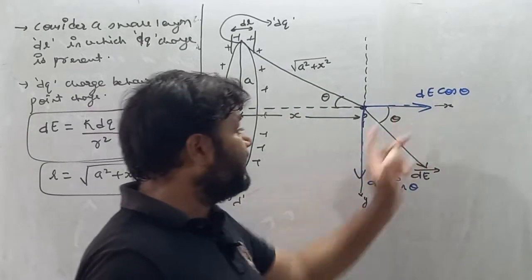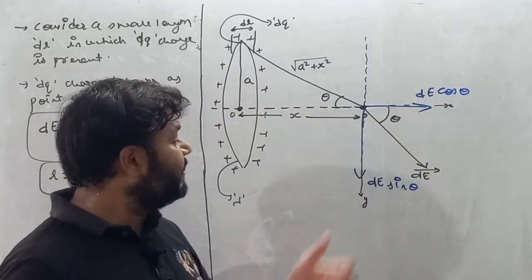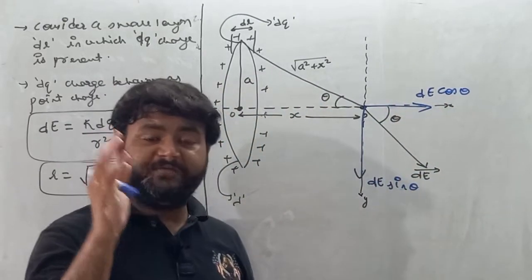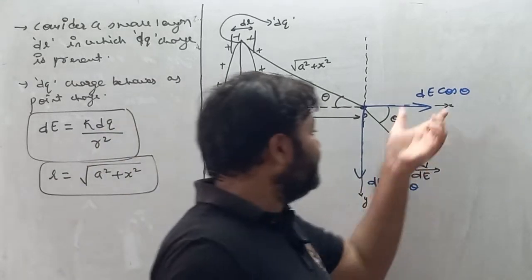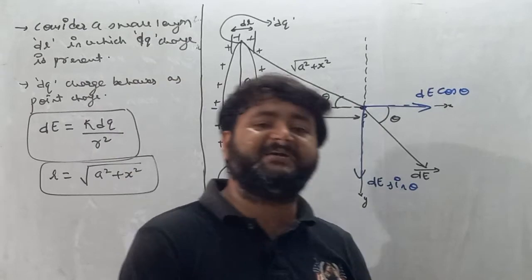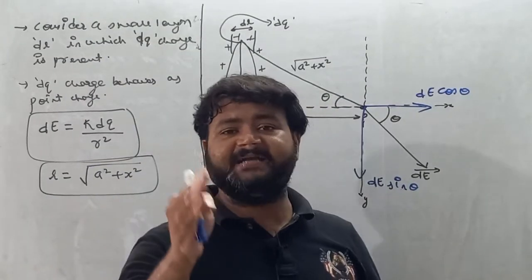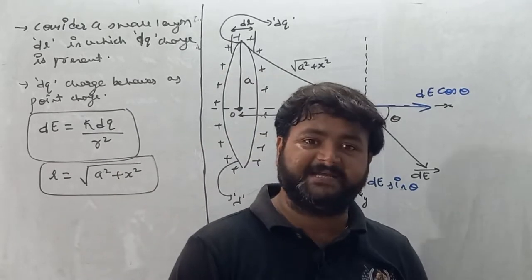So which component is effective, either dE cos theta or dE sin theta? We will check which component is the effective component of electric field due to this ring on its axis at point P. I am repeating once again.